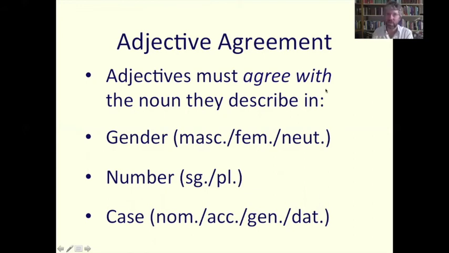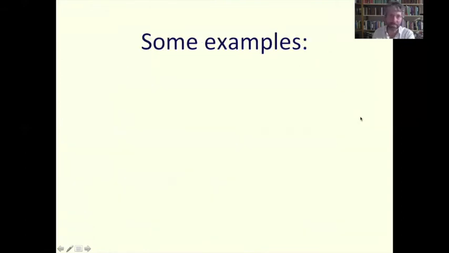What agree with means is that if the noun is, say, feminine, accusative, plural, the adjective must also be feminine, accusative, plural. It's in the same category in all 3 options, and so it agrees with the noun. If we look at some examples, that should become clear.